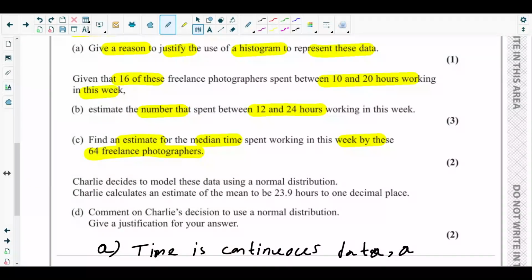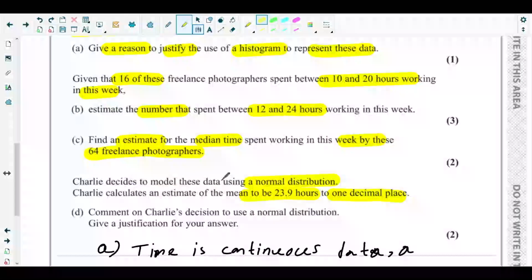Okay, next is part D. In part D, the question says Charlie decides to model these data using a normal distribution. Charlie calculates an estimate of the mean to be 23.9 hours to 1 decimal place. So can you make a relationship? In part C we got the median, this is 23.9, and Charlie uses a normal distribution, and also she got a mean of 23.9, right?